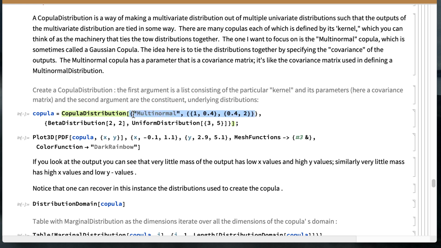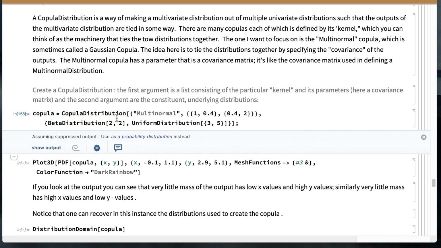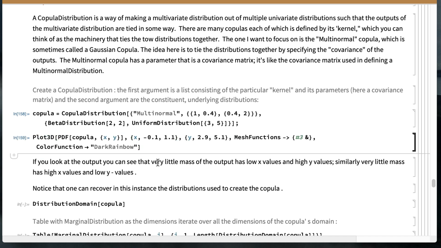Here we're telling Mathematica what type of kernel we're using, and then that kernel may need parameters to more specifically define itself. Here we're giving it a covariance matrix, actually, that's going to tie the output from the beta distribution with the output from the uniform distribution. So let's actually make that copula, and now let's look at its PDF.